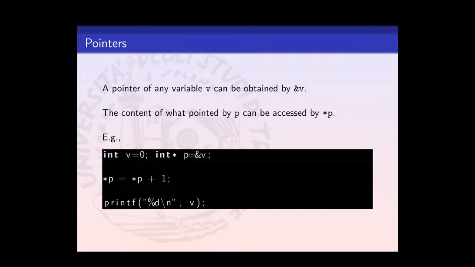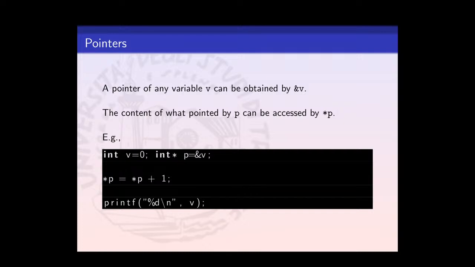Just imagine a box. You have the name of the box, but you also have the location in which the box is placed. So the pointer related to the box can be obtained by using the ampersand symbol.